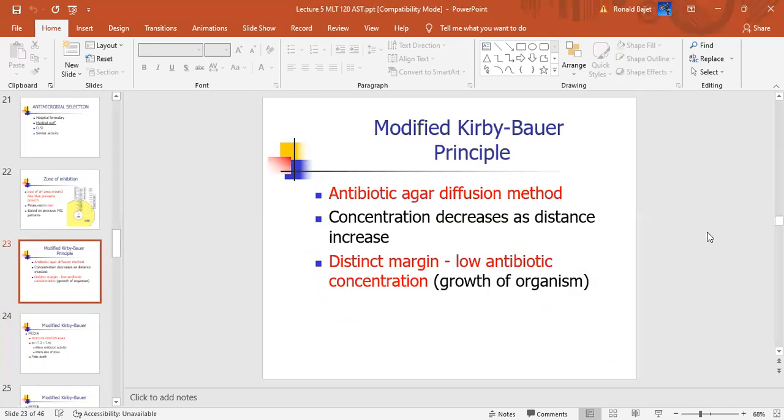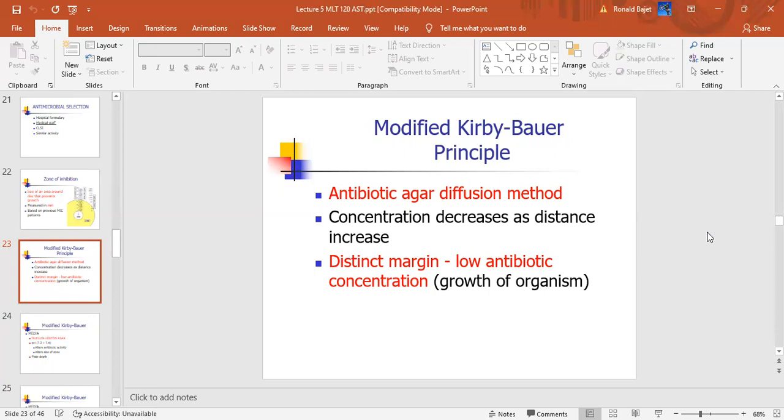Kirby-Bauer principle: it's an antibiotic agar diffusion method. You have the filter paper disc impregnated with an antibiotic, and on your plate, you streak for growth. When we do the Kirby-Bauers, I'll show you how to streak for growth. You streak it two-thirds down, you turn the plate, you start again at the top, and you streak two-thirds down, and then you turn it again, maybe two more times, at the top, you streak it two-thirds down and another two-thirds down.